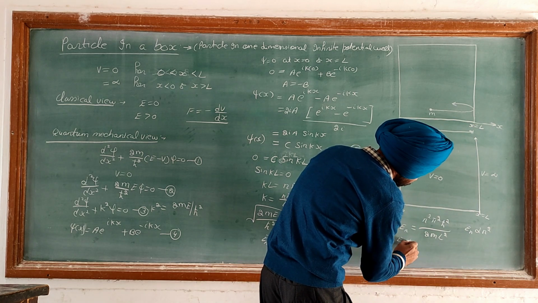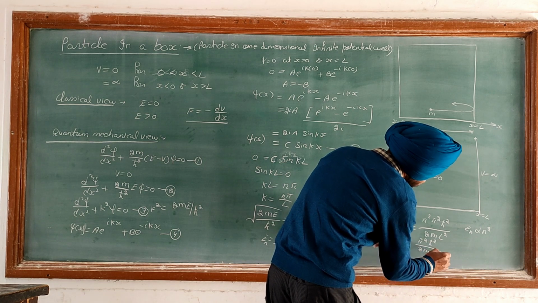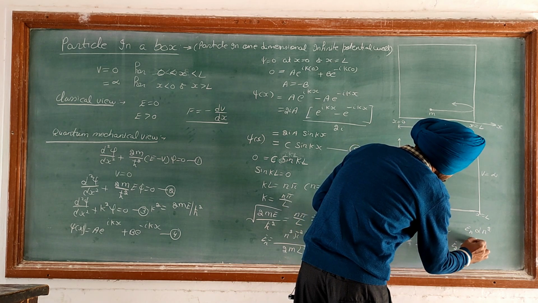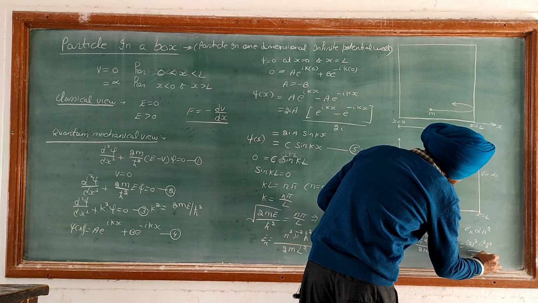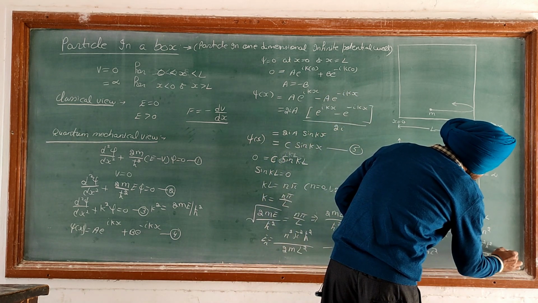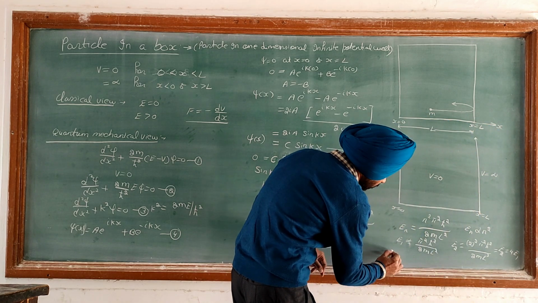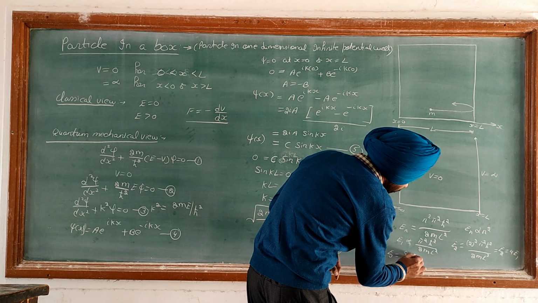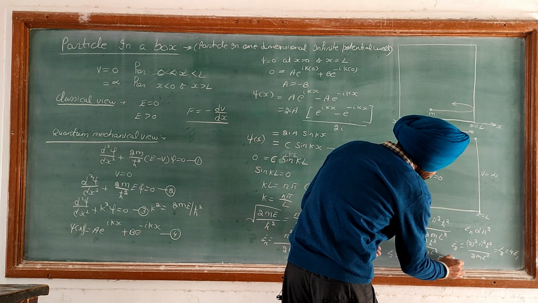So E1 is equal to pi square h cut square upon 2mL square, and for n equal to 2, E2 is equal to 2 square pi square h cut square upon 2mL square. So what is this pi square h cut square upon 2mL square? This is E1. That means E2 is equal to 4 E1. Similarly, E3 is 9 E1, and E4 is equal to 16 E1.